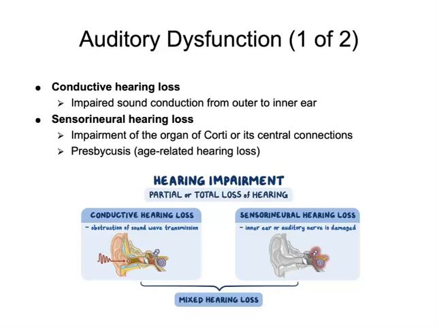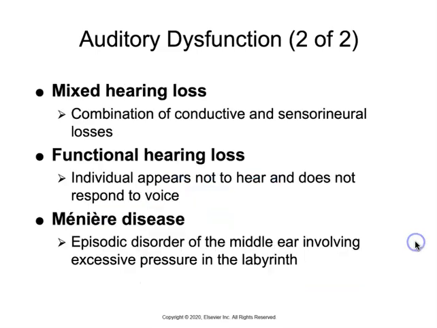So you may have heard this called old hearing or elder hearing. But typically it's going to affect about 2/3 of Americans who are aged 70 or older. All right, what about mixed hearing loss? This is when we have a combination of conductive and sensory neural losses.